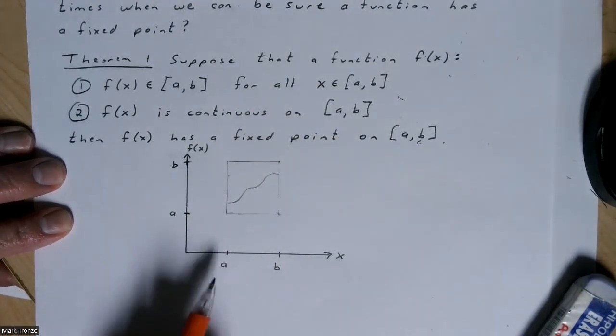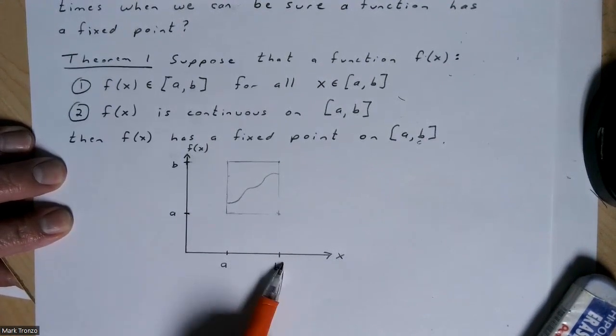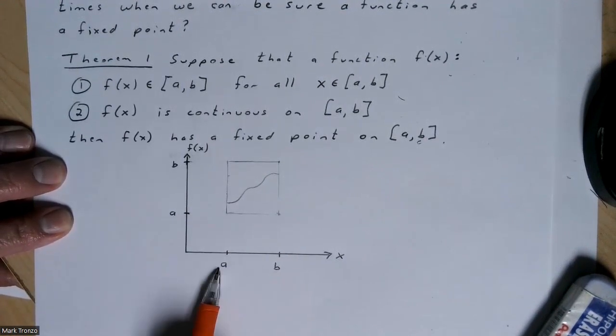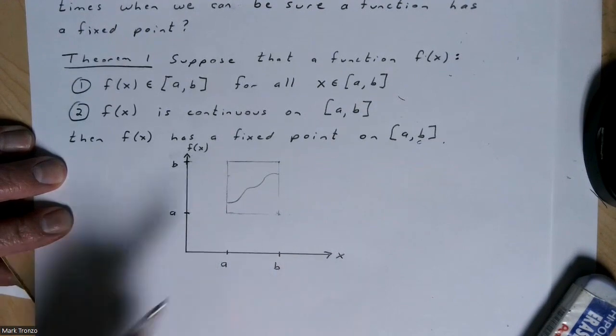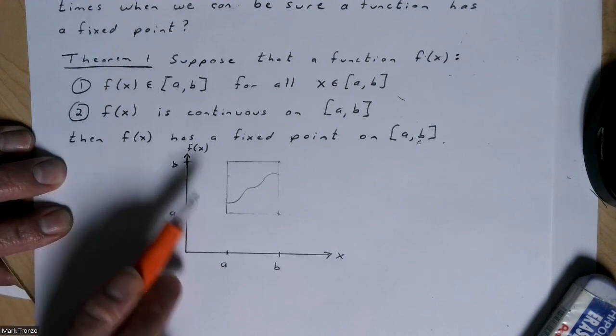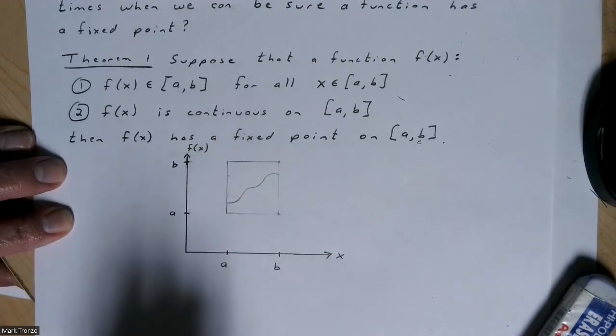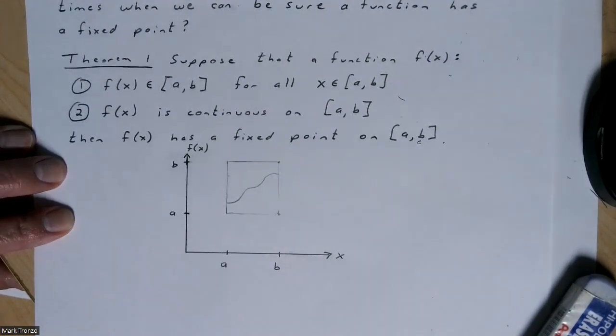But whatever it is, this theorem says, if your input is between A and B, these could be any 2 points on the x-axis, and the output of your function is between those same 2 points, then you will have a fixed point.